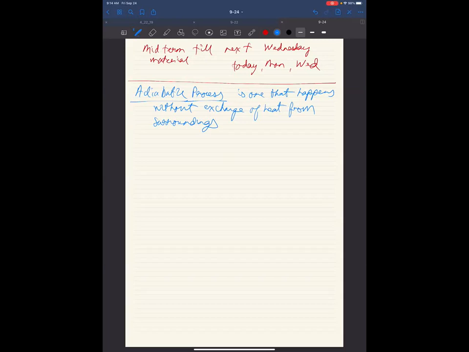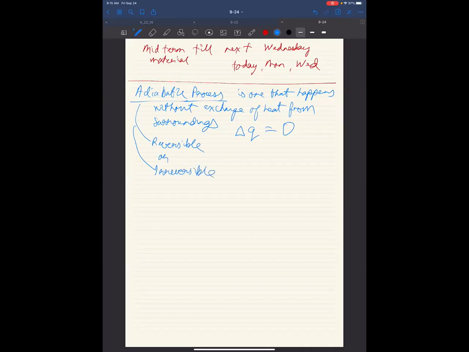So this means that delta Q is equal to 0. Notice this could be a reversible adiabatic process. This could be an irreversible adiabatic process. Okay, when the change is happening, your system might be expanding reversibly or irreversibly. We are not talking about that. So this could be reversible or this could be irreversible. Adiabatic is not always reversible.